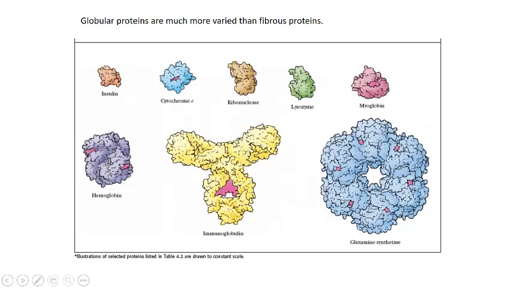One thing to notice is that many proteins have more than one molecule in them. All of these are globular proteins. However, these four at the top have a single polypeptide chain.